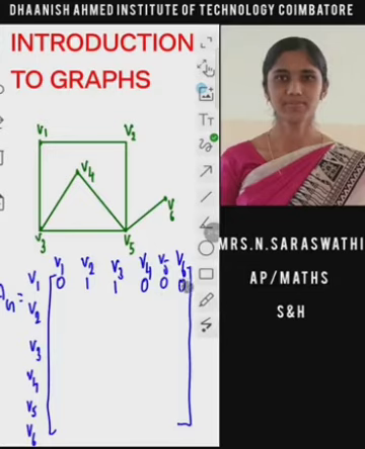Now we have to fill the second row of the matrix. Here there is an edge between V2 to V1, so here we have to put 1. There is no loop in the graph for V2, so here 0. And we have to look for V2 and V3. There is no connection or edge between V2 and V3, therefore here we have to write the element 0.